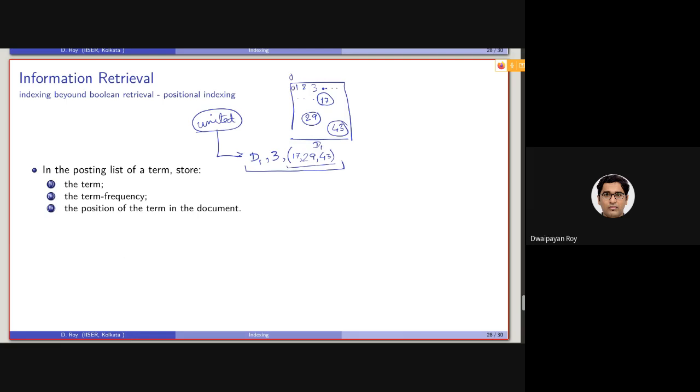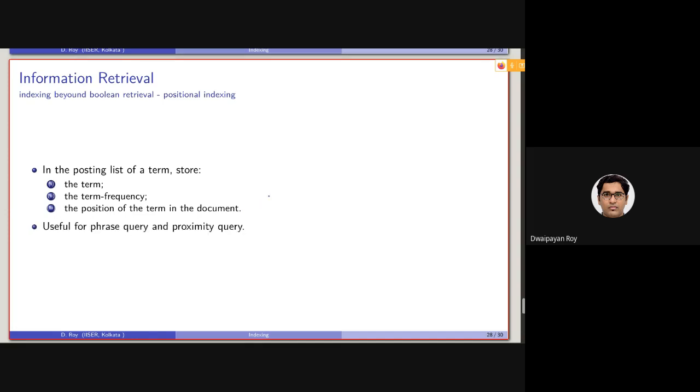So we are starting with the 0th term. 17 here means this united term is present in the 18th location in this document D1. So the length of this will be equal to the term frequency. I hope you can understand this. This extra information sometimes will be important when proximity based searches are applied.